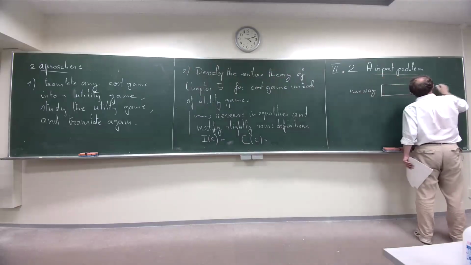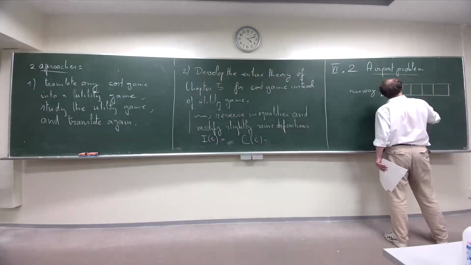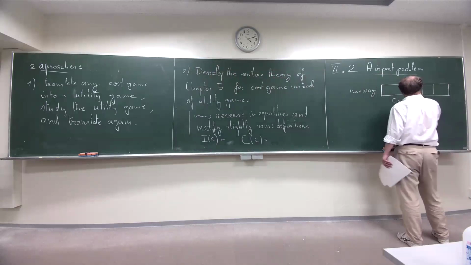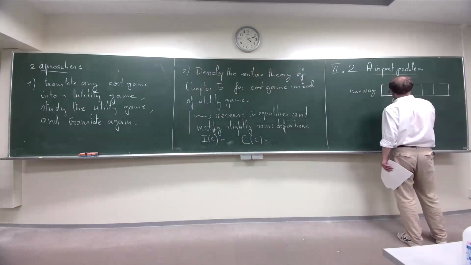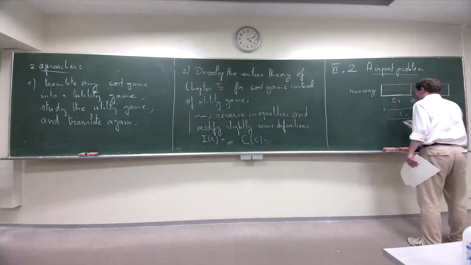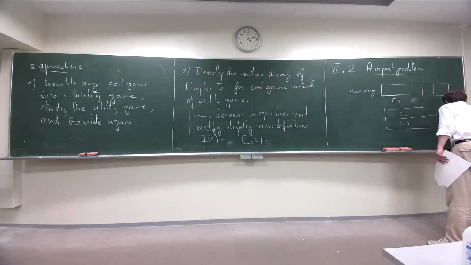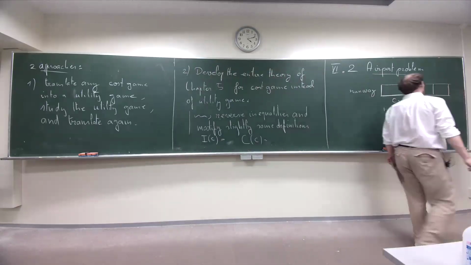And it's divided into different pieces. I call this C1, C2 is going to be this part, C3 is going to be this part, and C4. I will explain this. What is the problem?